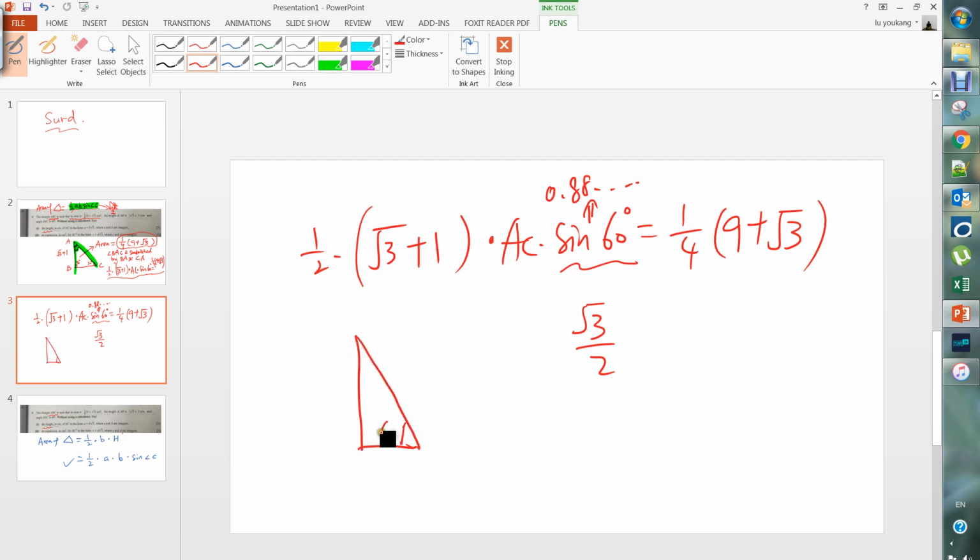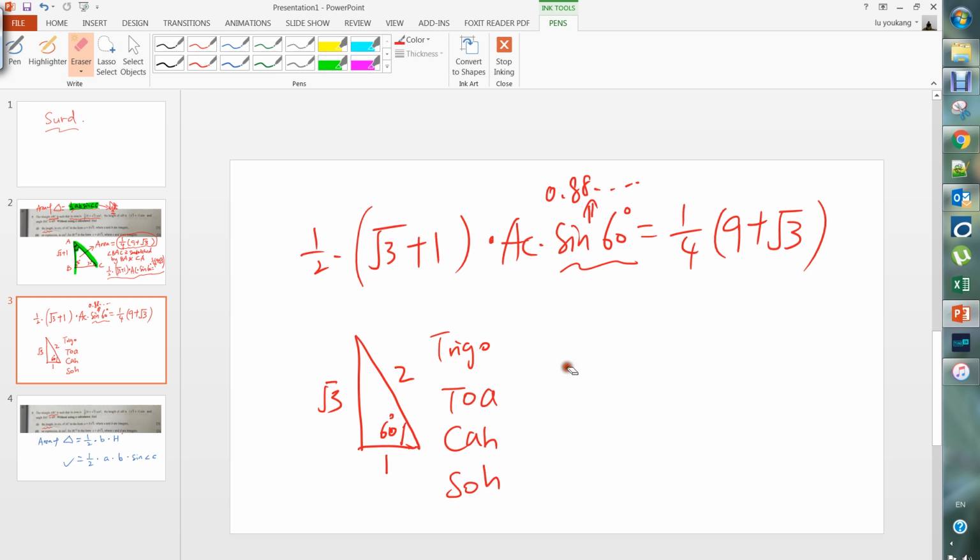So if this is 60 degrees, and this is 1, this is 2, and this is square root 3, right? Then I use SOH. This is a concept under trigonometry, which you need to learn.